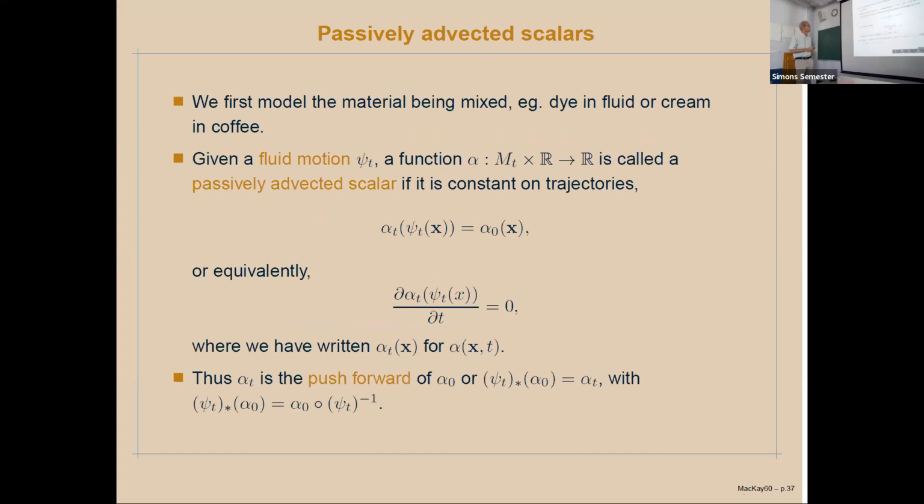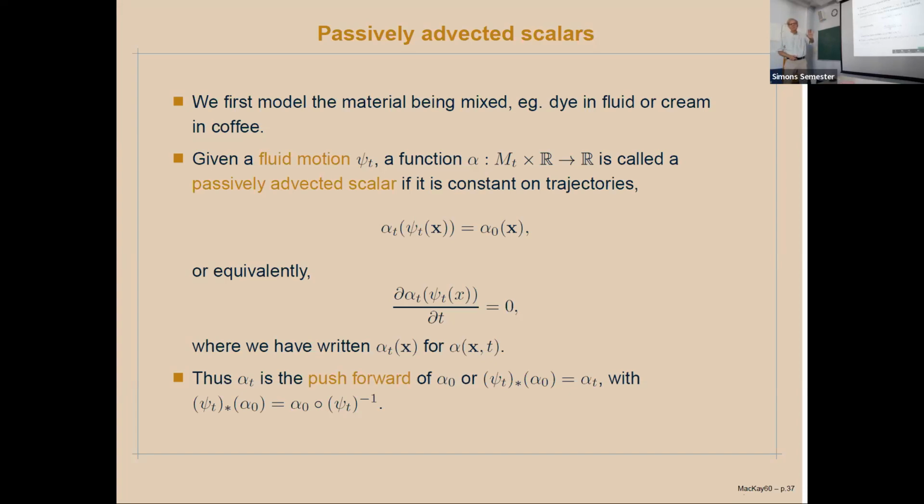Okay, so here's some more formality. We have to make a model for a mix. So the fluid motion is phi sub t. It's just a one parameter family of diffeomorphisms. We have a time-dependent function. Again, this is jargon: passively advected scalar means it's just pushed forward, in our usual differential topology way.